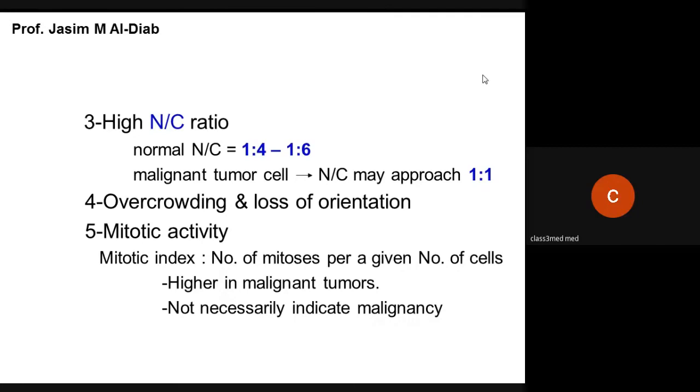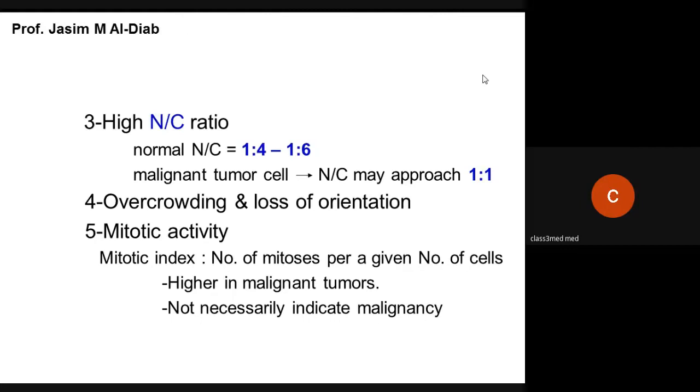There are some benign tumors that are mitotically active. For example, we have leiomyoma of the uterus with a high mitotic index, but still it is diagnosed as leiomyoma, which means benign tumor of smooth muscle.